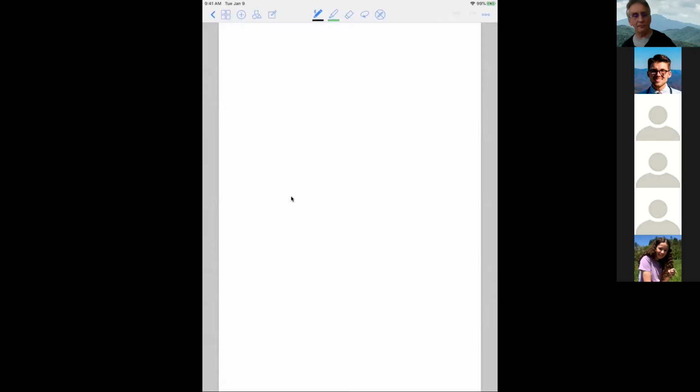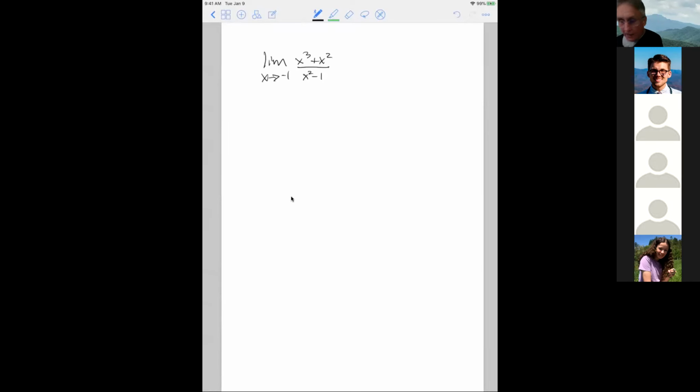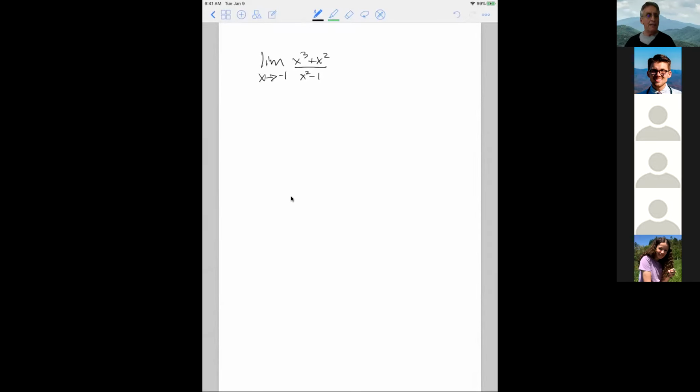So if you've got the problem, limit as x goes to -1 of this function, the reason I'm going through this is because about half of you said you couldn't determine it. Here's the problem, and now it's a matter of recognizing: can I factor either of them, both of them, does anything cancel? It turns out that the numerator you can factor.